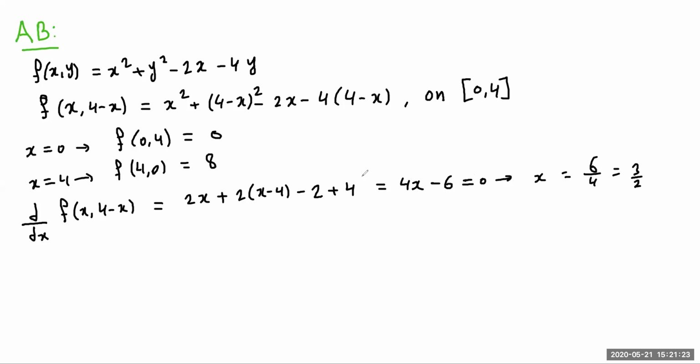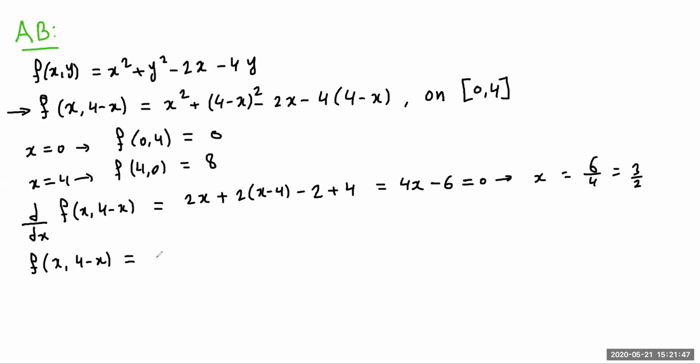Okay. Now let's calculate f. So here f(x, 4 minus x) could be written from this formula, let's do some cancellations.